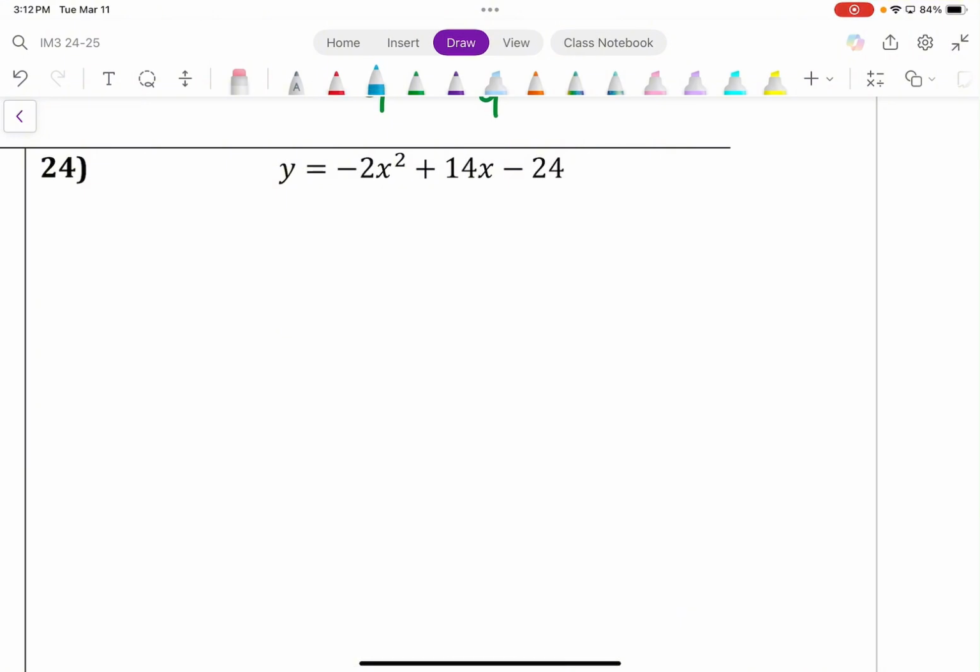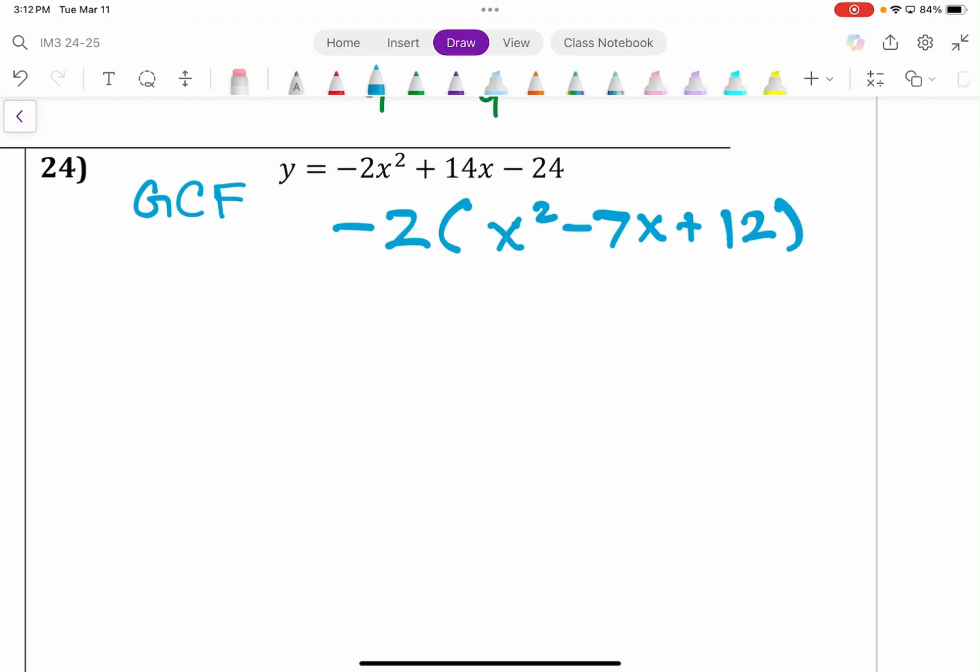GCF is how we're going to do this one. We don't want to jump into X-box method unless we can do GCF first. So what can I take out from all of these terms? I can take out negative 2. When I take out a negative 2, I'm going to get x squared minus 7x plus 12. That is a factorable trinomial.